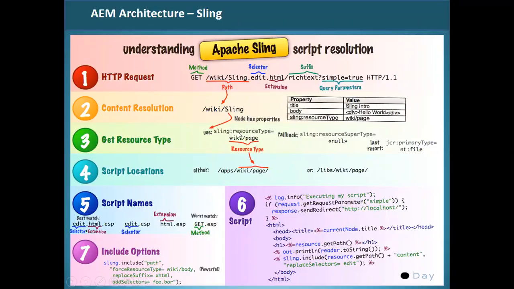If it has the resource type wiki page, then it goes there, and that wiki page has the scripts, the JSPs I have shown. These will be executed, and the output will be presented in the browser. It's a simple resolution of Sling. This is what Sling does in AEM.